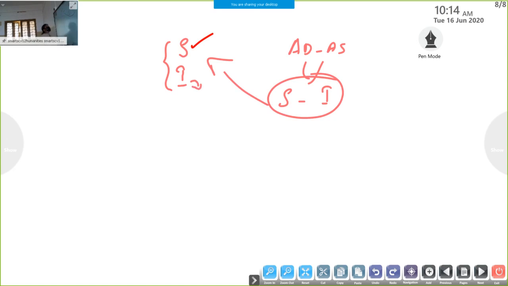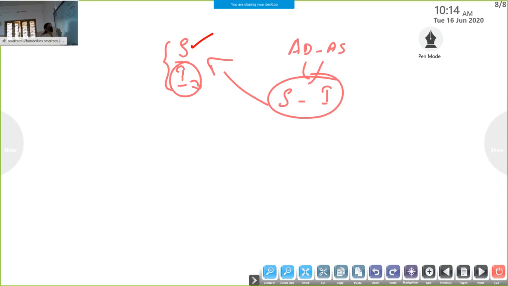It is not responding to the level of income, which means we are considering autonomous investment. The alternative approach is the SI approach according to Keynes. Then what happens during the short period.